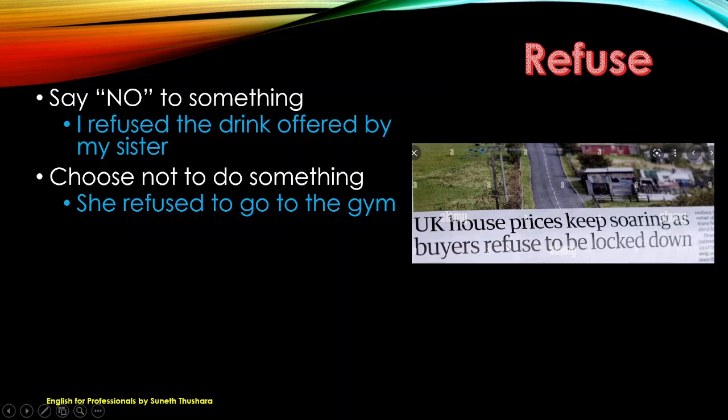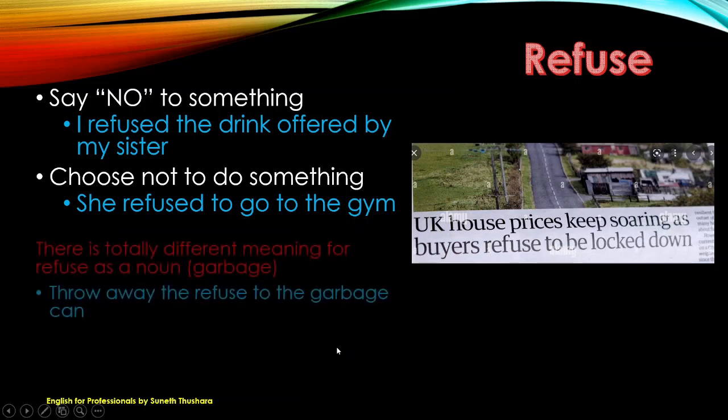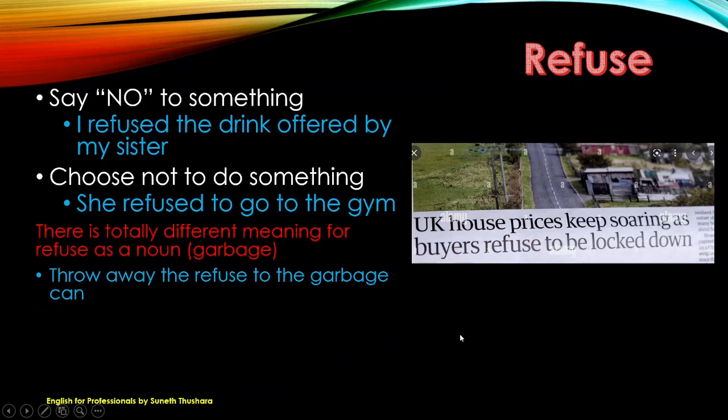Refuse means they say no. Then there is a totally different meaning for refuse as a noun, that is garbage. Especially in British English we use refuse for garbage. Throw away the refuse to the garbage can.